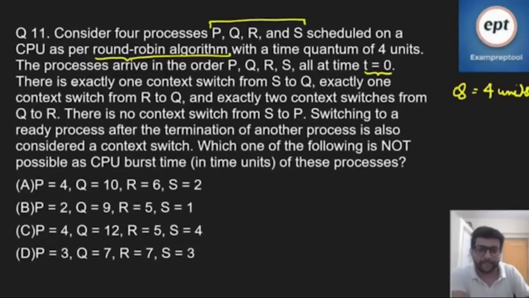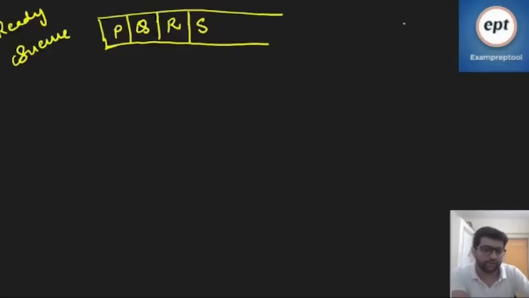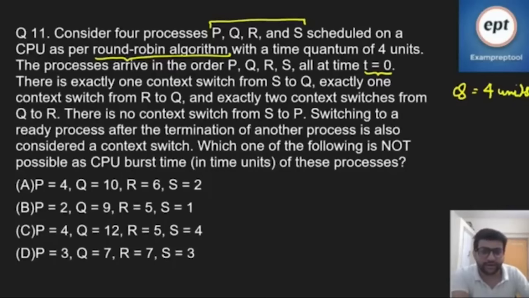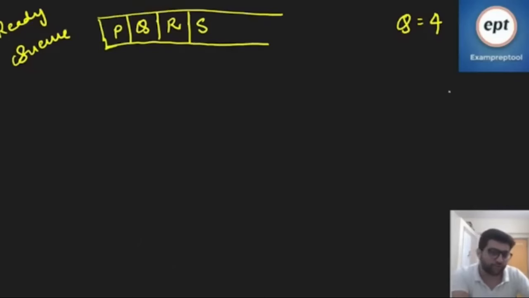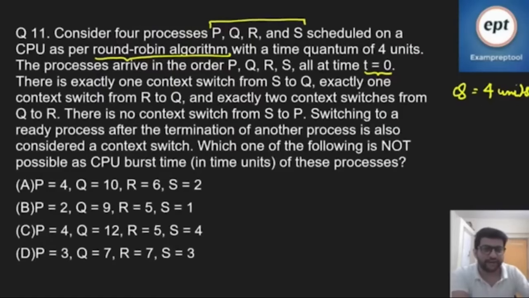Right? There is exactly one context switch from S to Q. Let's also write the time quantum here. So S to Q, there is exactly one context switch, right?